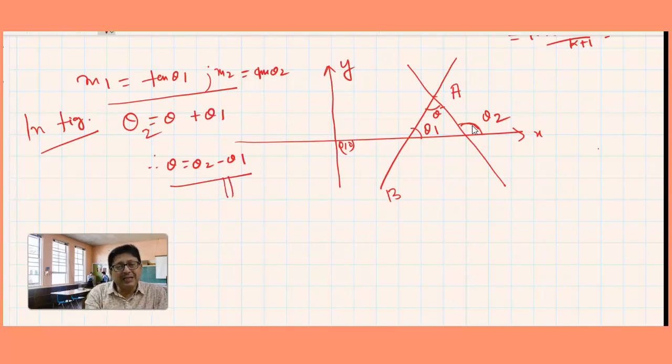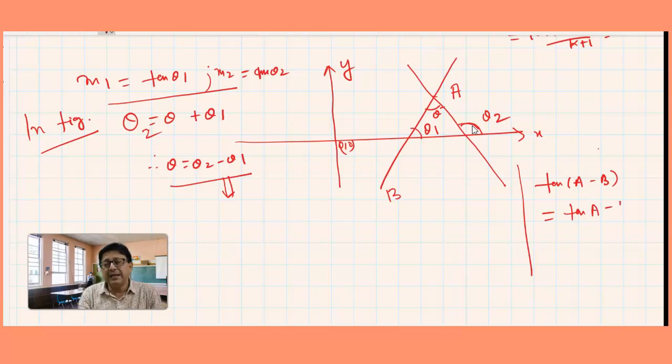You take tangent of both sides. Already I have explained this formula, no proving is required right now. Just remember this gives us tan A minus tan B divided by 1 plus tan A into tan B. We are going to use this.